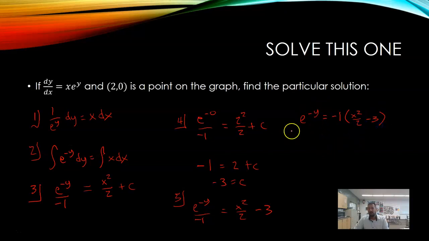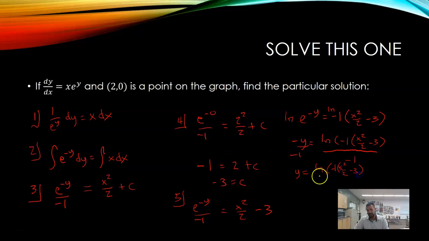I got to get to that y, and the only way to do that is to take the ln of both sides. So I get negative y is equal to the ln of negative 1 times x squared divided by 2 minus 3. Then to get the y by itself, divide both sides by negative 1. So I get y equals all of that. And you can simplify if you want, but really there's no reason to. And I write that as my answer.